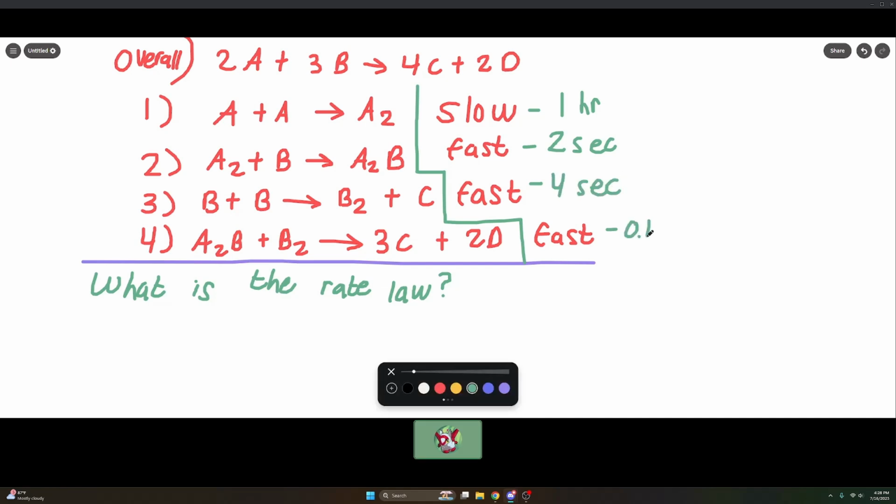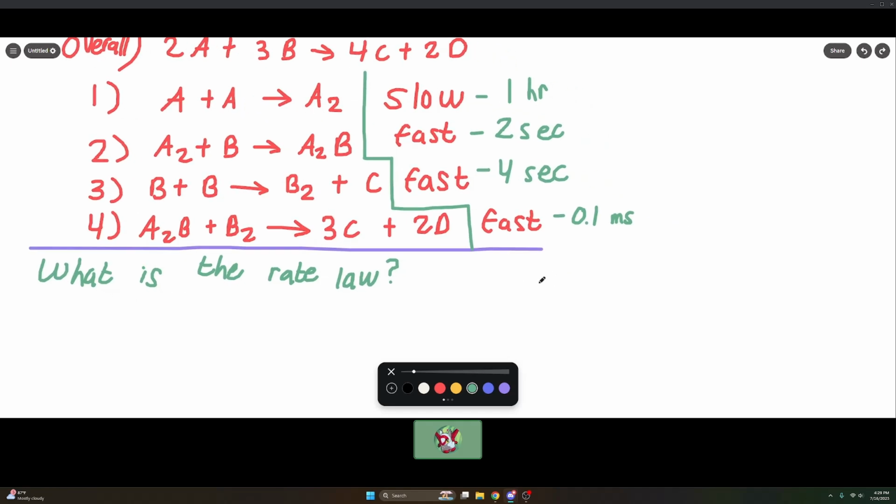And this one is 0.1 milliseconds. This is not an unrealistic comparison between the magnitude of speeds. Some reactions are just way, way fast and some are way, way slow. So if I were to tally up my time of our 4-legged race, it takes 1 hour, 6 seconds, and 0.1 milliseconds.